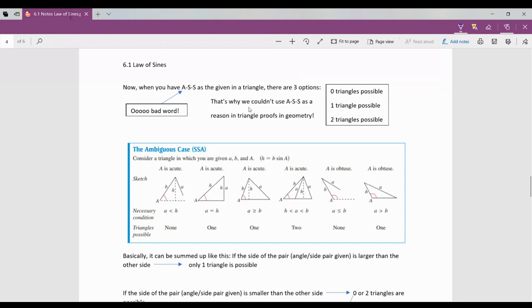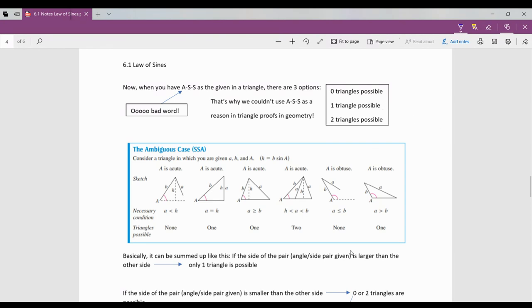So that's the reason why we couldn't use angle side side as a reason in triangle proofs in geometry. You were never allowed to use that as a reason for those triangle proofs. And the reason why now we know a little bit more is that there are three options of triangles, so we can't say that they would be congruent triangles or anything like that.